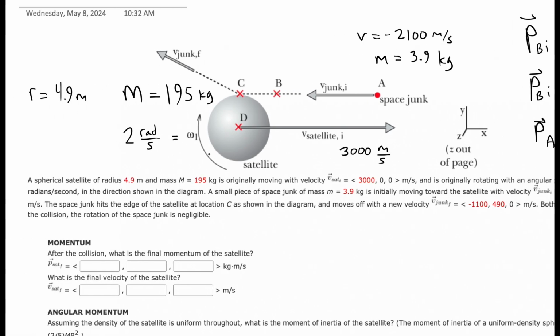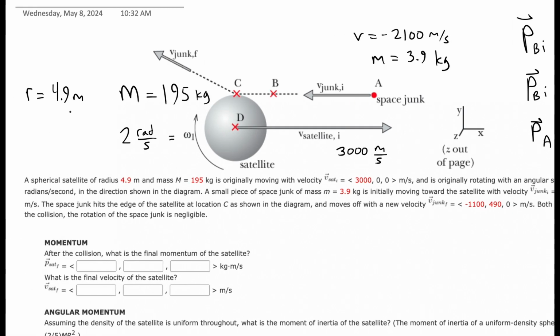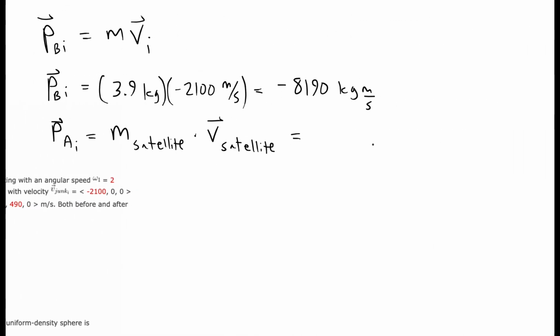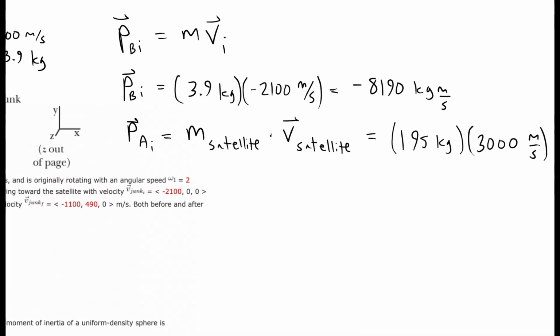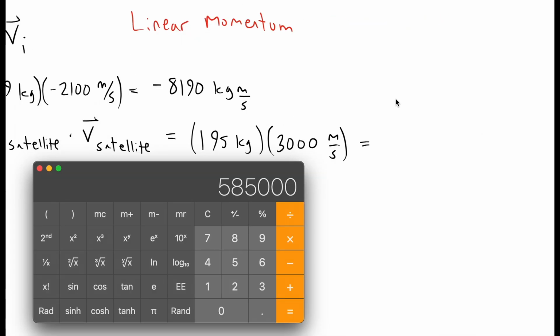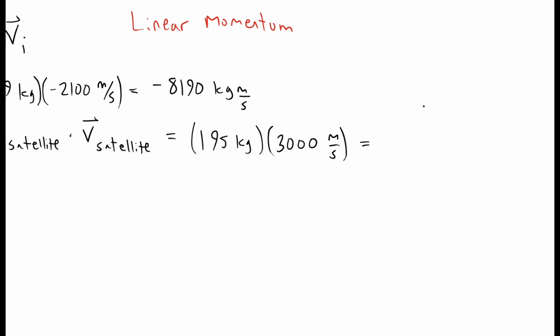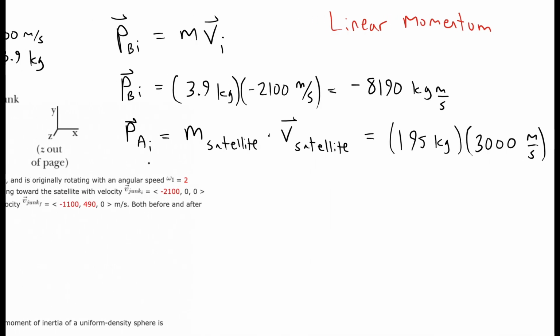Okay, so that's going to be 195 kilograms times 3,000. So why am I finding the momentum? Because we have to have conservation of momentum in this collision. Keep in mind, though, that this is linear momentum. So I get 585,000 kilogram meters per second.